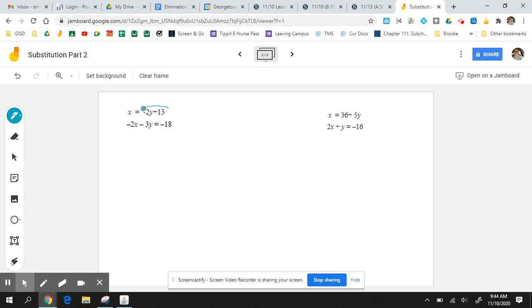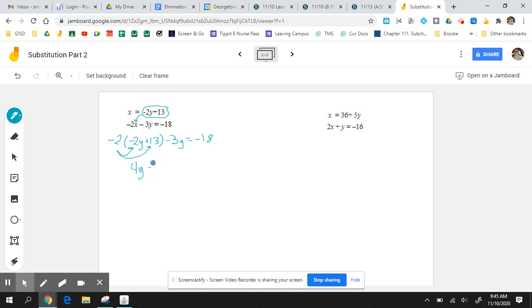Okay, for this one, I have x equals negative 2y plus 13. So I'm going to plug into the x in the second equation. All right, so you can see that I plugged in that negative 2y plus 13 into the second equation here. Your distributive property, be careful with the negatives and do it appropriately. So negative 2 times negative 2 is 4y.